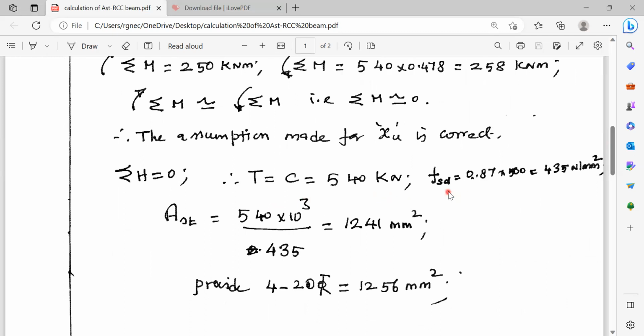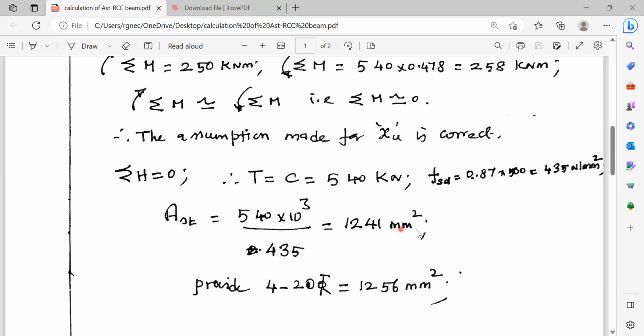And allowable stress for the tension reinforcement is 435 Newton per millimeter square. It is 500 into 0.87 or 500 divided by 1.15. That is partial safety factor, 435 Newton per millimeter square. So T value is known. AST is equal to T divided by this allowable stress, 540 into 10 power 3 divided by 435.